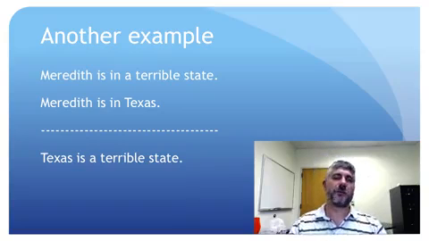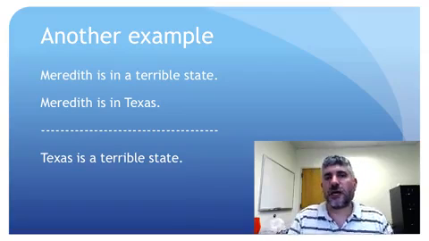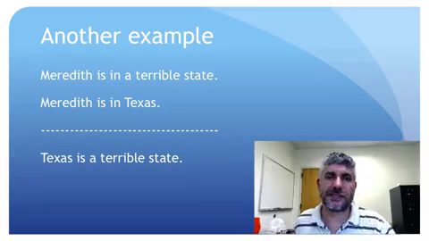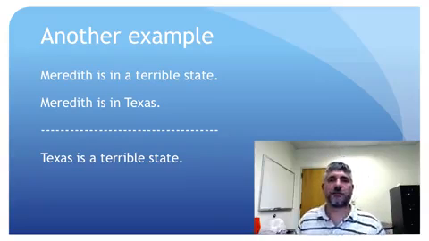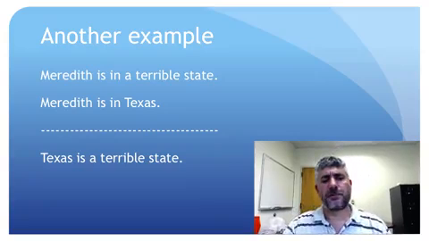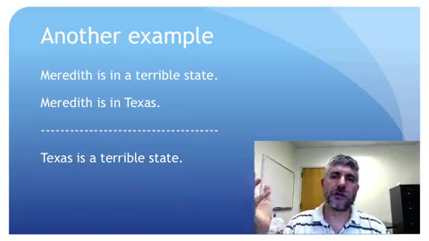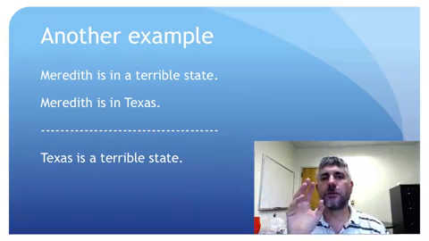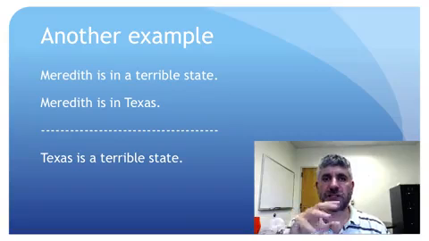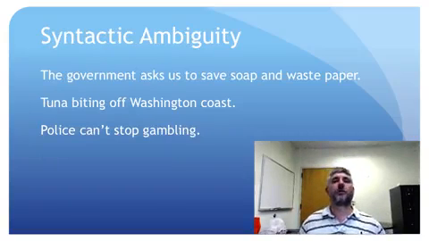So from the fact that Meredith is in a terrible psychological state and the fact that she's in Texas, we can't infer anything about whether or not Texas, the state of Texas, is a terrible state. Nothing follows. Okay, so those are some examples of how semantic ambiguity gives rise to fallacies. Now, I said there was another kind of ambiguity, syntactic ambiguity. So what's that, and how does it give rise to fallacies?